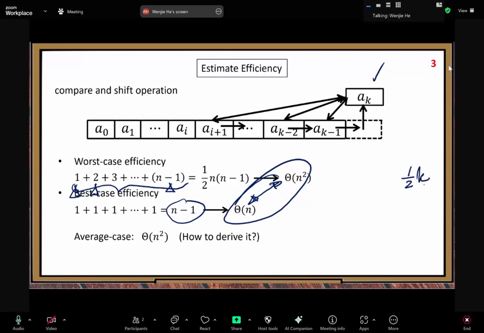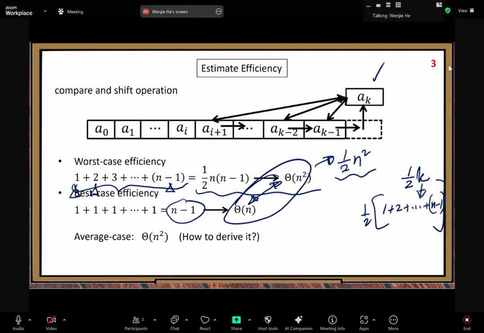But this k goes from 1 to n minus 1, so then you take the average. For the worst case, the dominant term is 1/2 n squared, so we throw away the minor term.